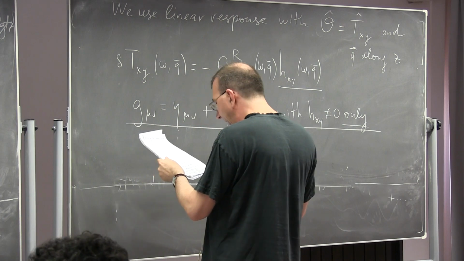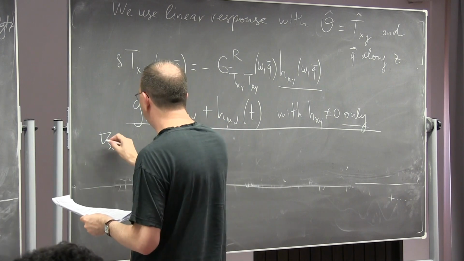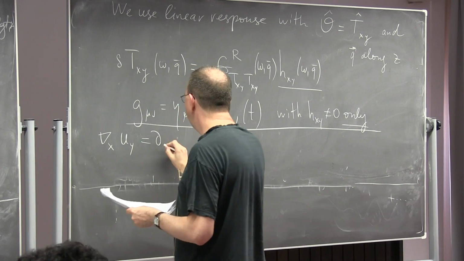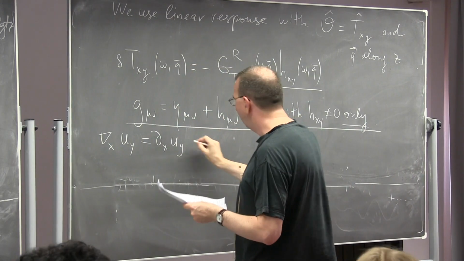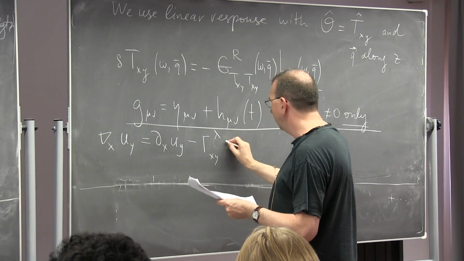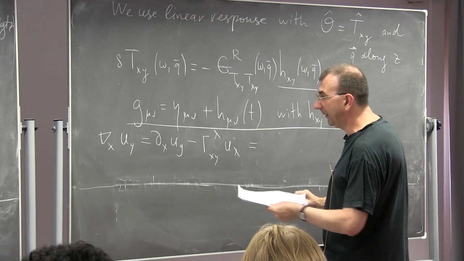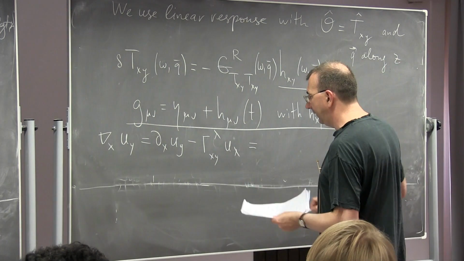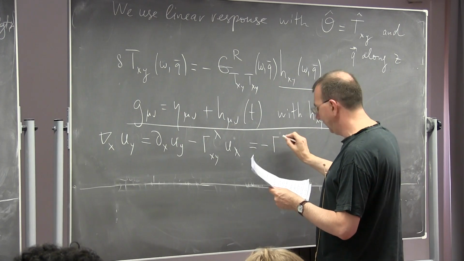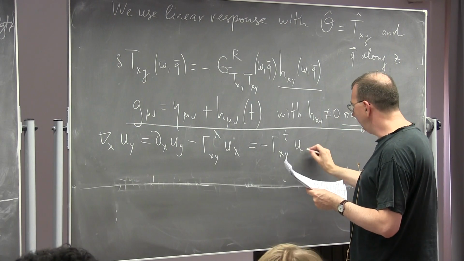For that we will need to compute these covariant derivatives. The covariant derivative nabla x acting on uy is dx uy minus Christoffel symbol gamma lambda xy u lambda. Since your velocity is x independent, you will have minus gamma t xy ut.